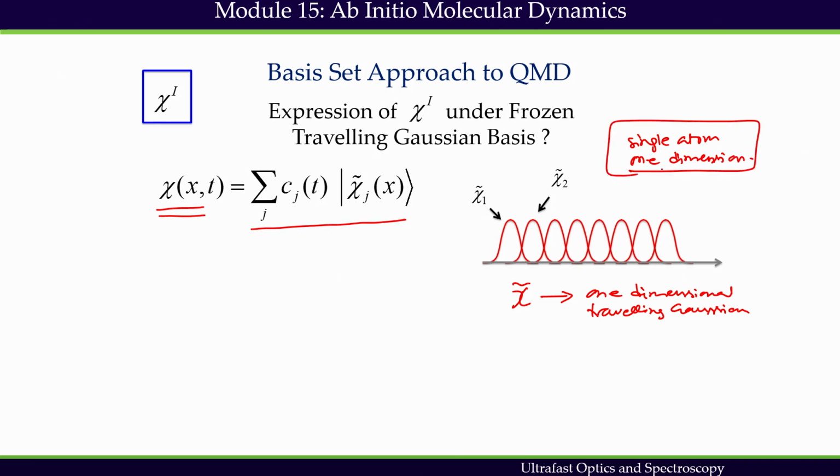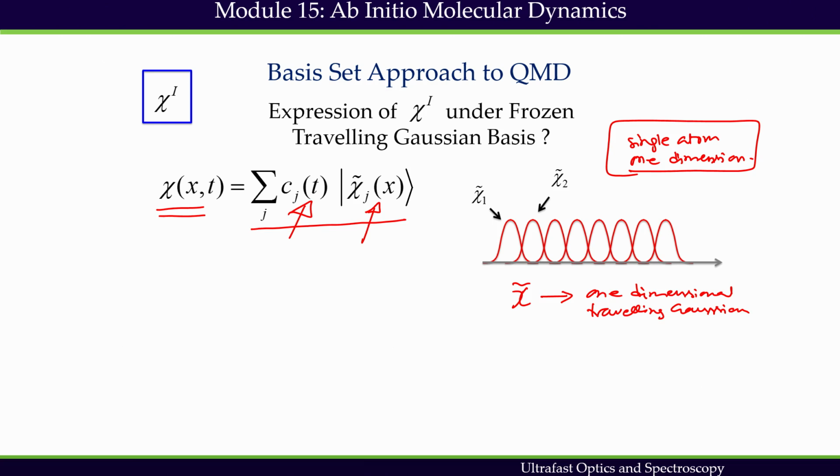Under this approximation, one can express the total nuclear wave function in the basis of traveling Gaussians, and one can say that each individual traveling Gaussian is not time dependent, but its expansion coefficient is time dependent.